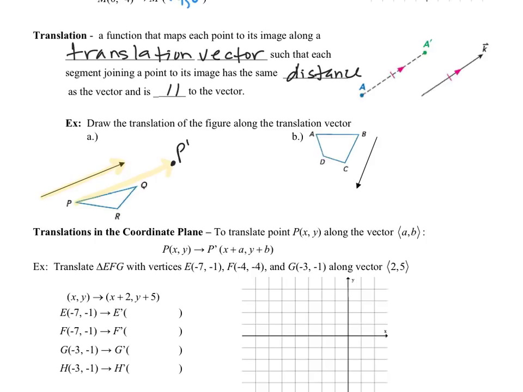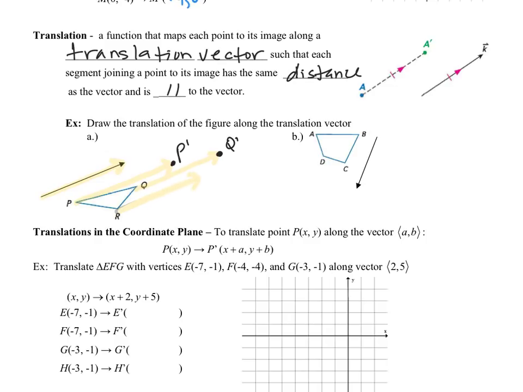All right, and then point Q, we're going to slide it the same distance in the same direction. Hopefully this vector looks parallel to and the same length as our translation vector. So this is the point Q prime. And then we're going to do the same thing with point R. We're going to slide it the same distance in the same direction.